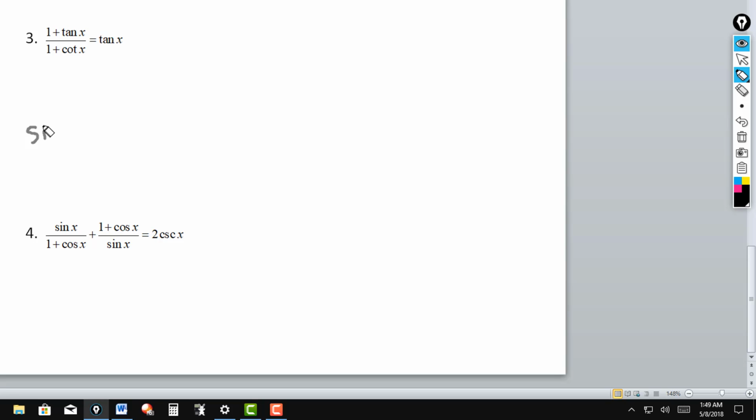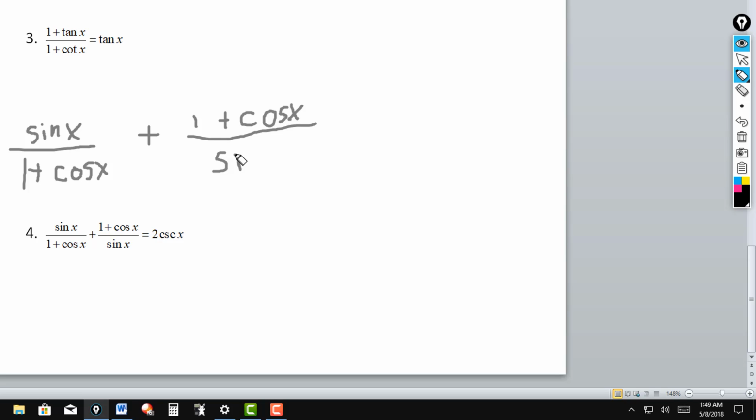So I have sine of x over 1 plus cosine of x, starting with the left side, plus 1 plus cosine x over sine of x.